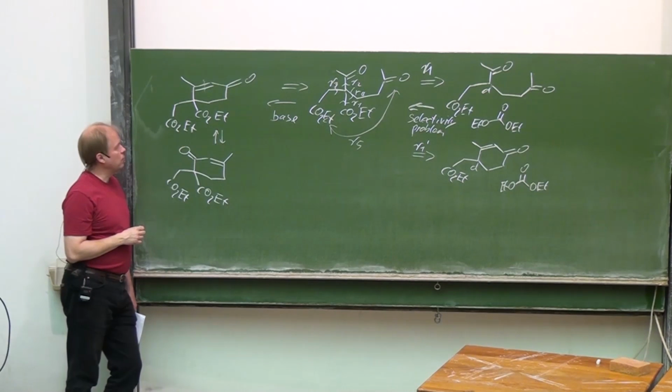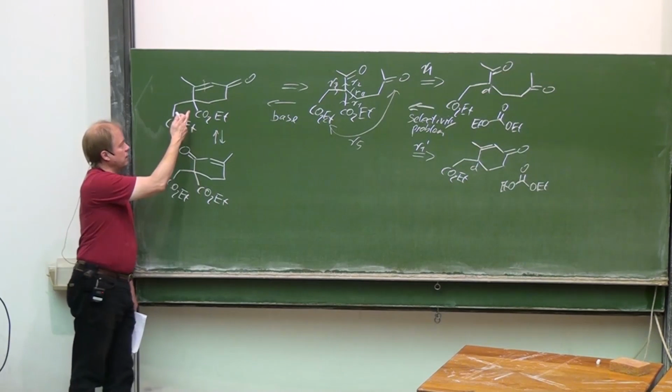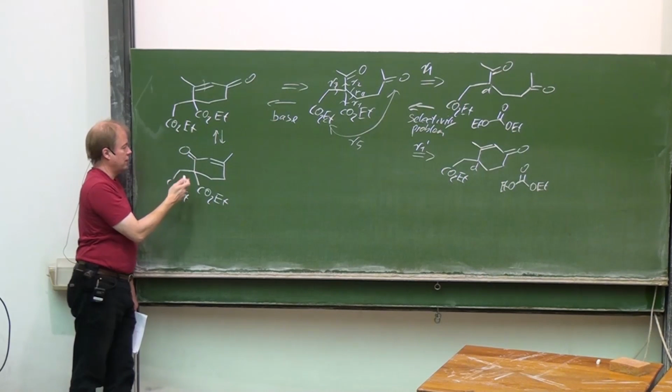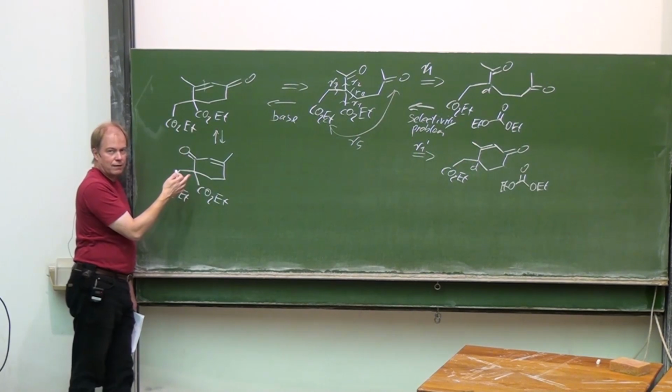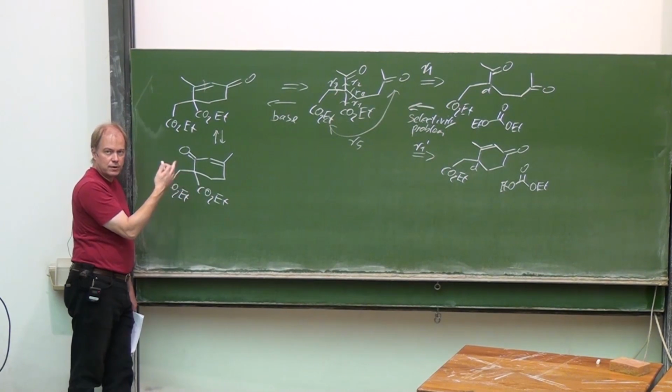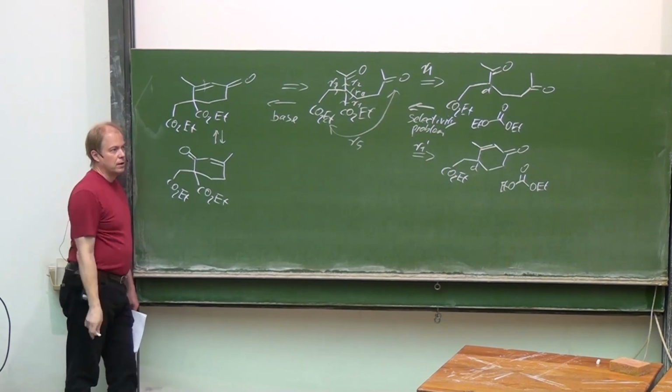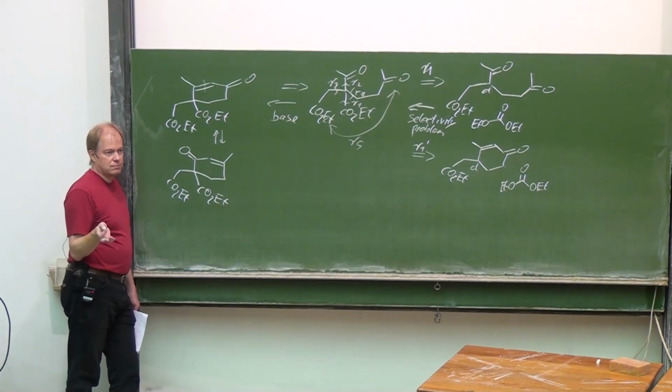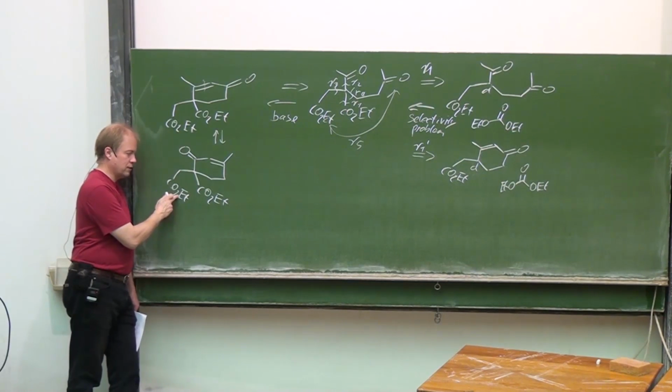Okay, you can say, well, let's isolate that one and then put that into the conditions of the equilibrium. Well, maybe it works, but for that equilibrium you have to add, normally, I'm thinking about that right now, sodium hydroxide, and heat it up. This will cause a problem because the ester functionalities will be hydrolyzed then.